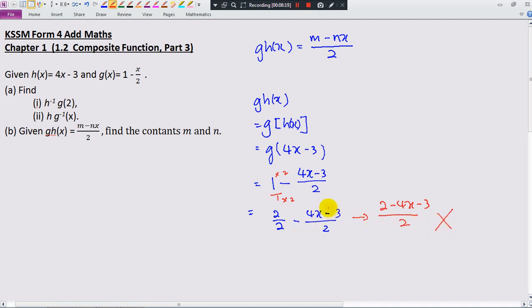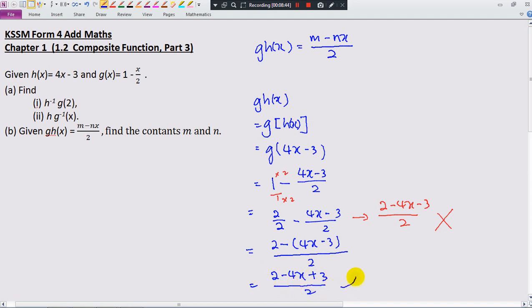Because this minus is minus this whole thing. You should put a parenthesis here. So the correct way should be this: 2 minus, put a parenthesis, 4x minus 3 over 2. So you bring the negative inside here, it becomes 2 minus 4x. Negative, negative becomes positive 3.